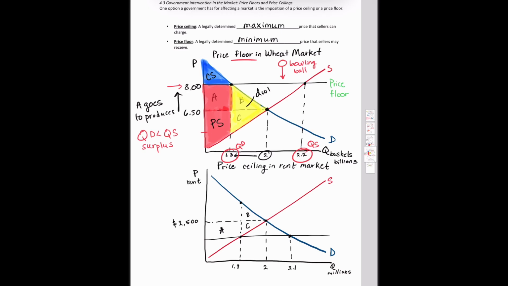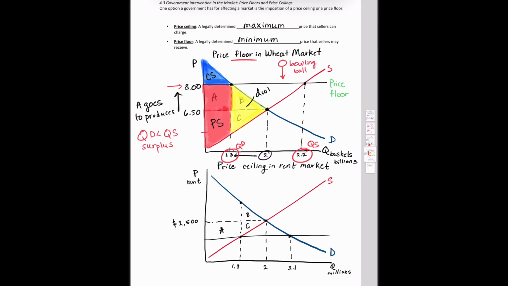Okay, so now moving on to rent ceilings. Without rent control, in this example, our equilibrium rent is going to be $2,500 a month. At that price, in this case, 2 million apartments are going to be rented.